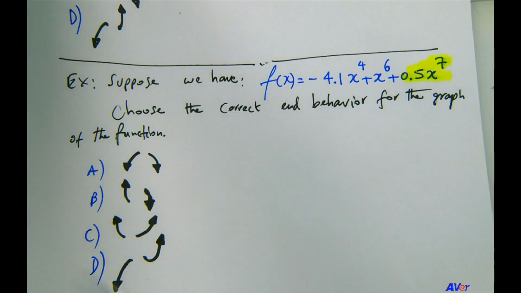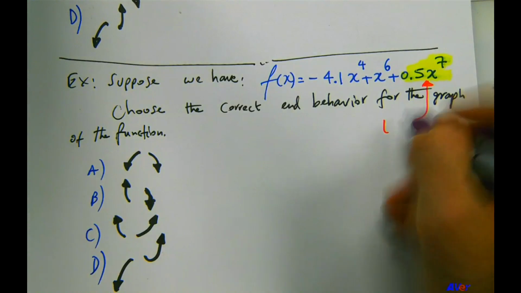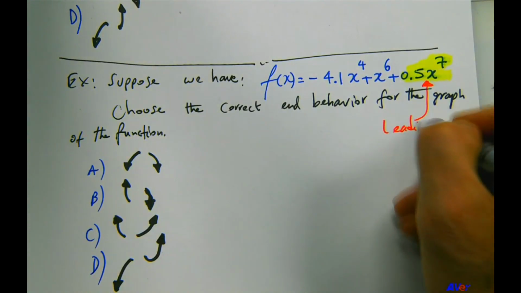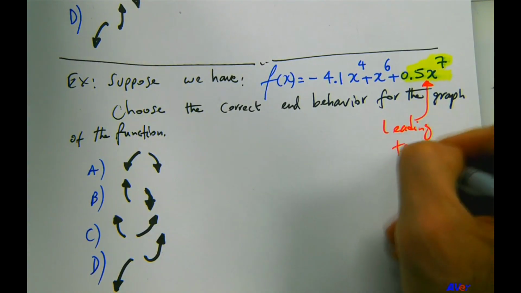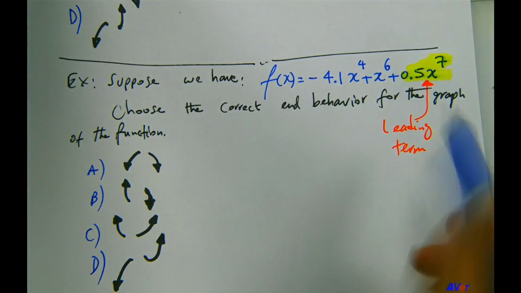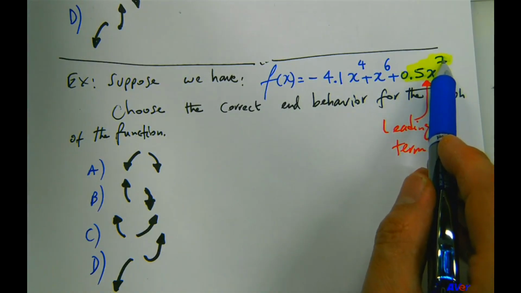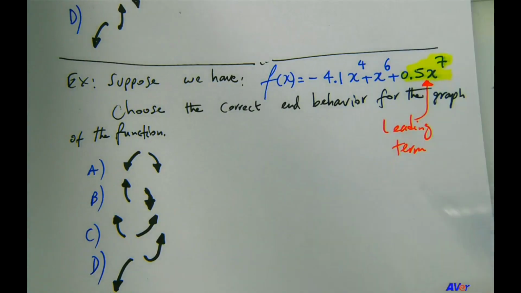So this is the leading term, like that. And the leading term has a power that is odd. So we would expect the end behavior to be arrows that point in the opposite direction, right?